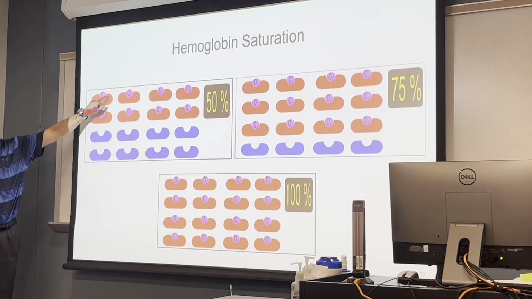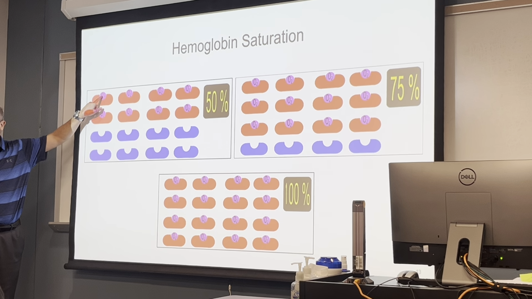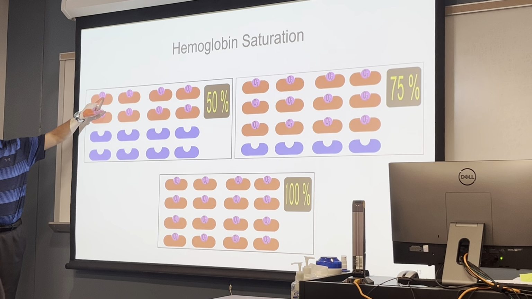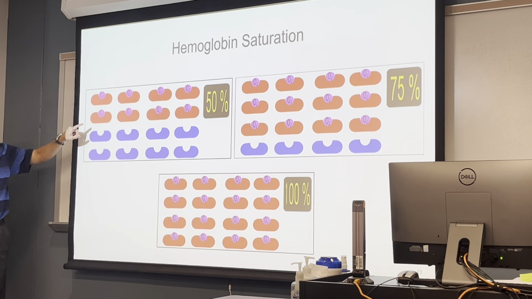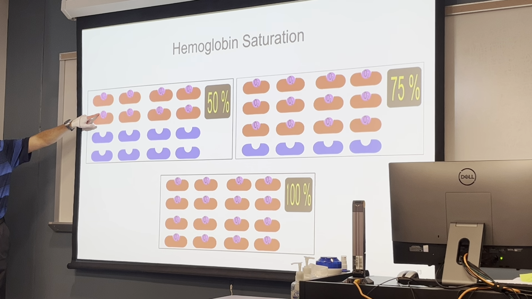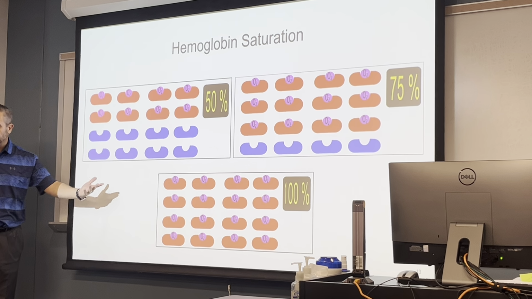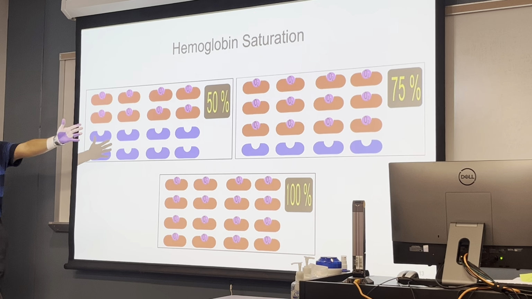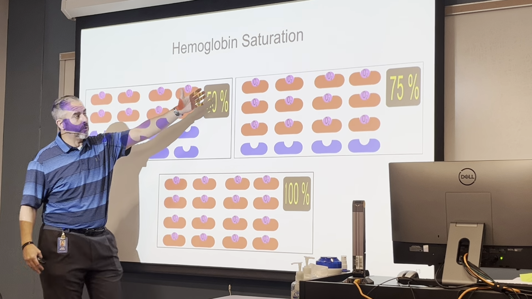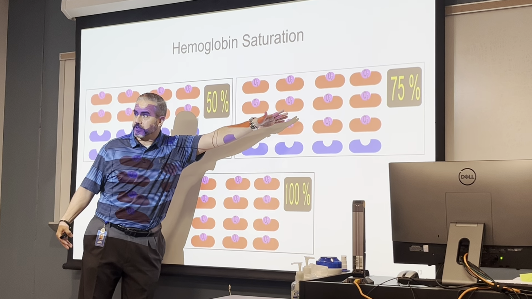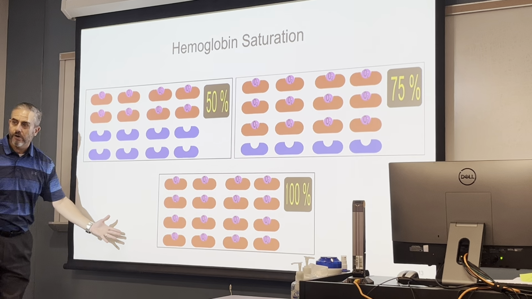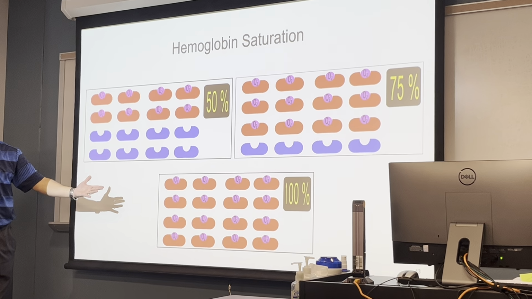I put 4 of these little oxygen molecules just to emphasize all 4. But let's just assume 1 equals 4. Only half of the total hemoglobin is carrying 4 molecules of oxygen. That's where we get a 50% saturation from. 75%, in this example, 3/4 of these hemoglobin are fully saturated with oxygen. There's a saturation of 75%, versus they're all saturated, there's 100%.